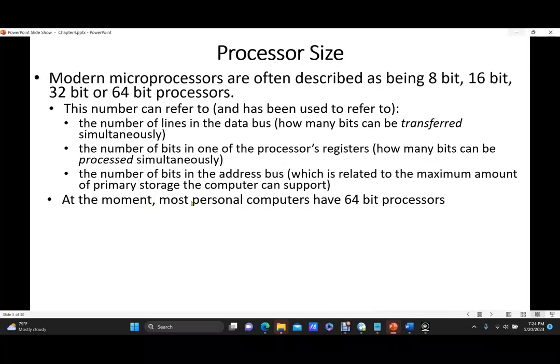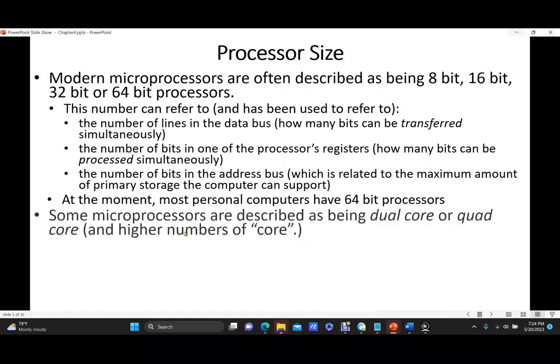Now, at the moment, most personal computers have 64-bit processors, 64-bit in all three senses.